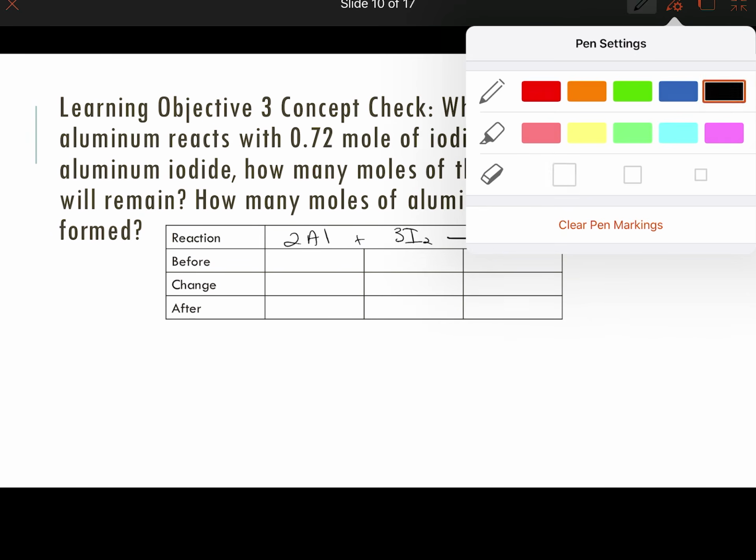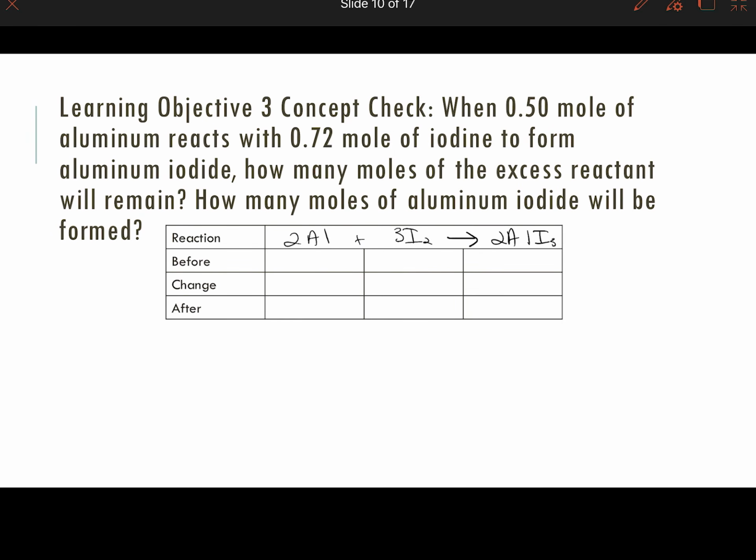So let's try this again. Now we're going to assume that iodine is our limiting reagent, so negative 0.72 here. Negative 0.72 times our molar ratio, 2 aluminums over 3 iodines. And then add 0.72 here times our molar ratio, 2 aluminum iodides over 3 iodines.